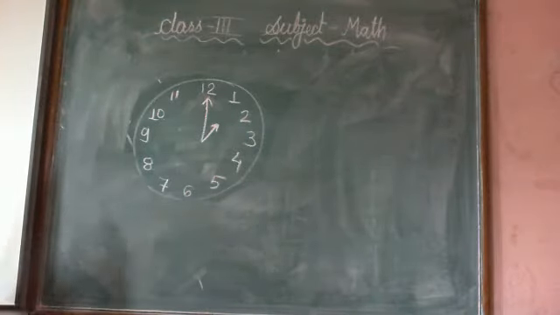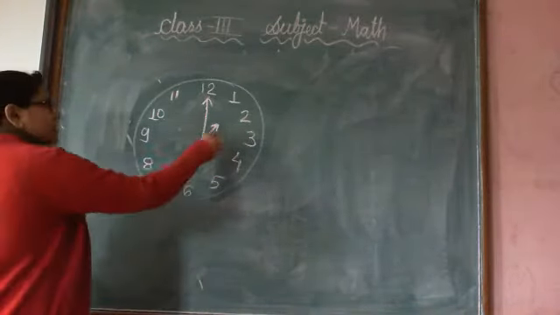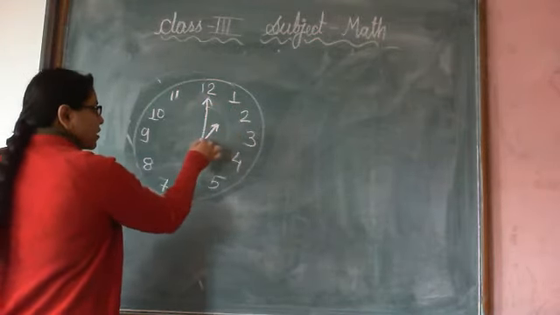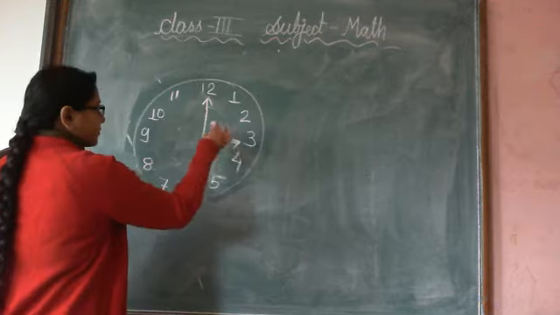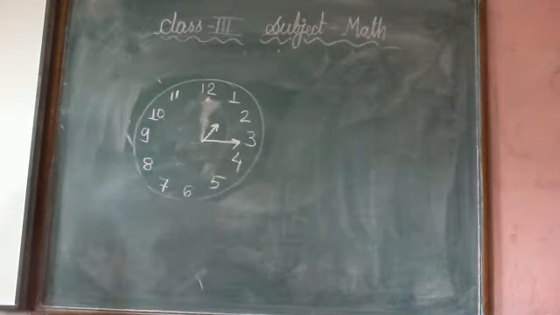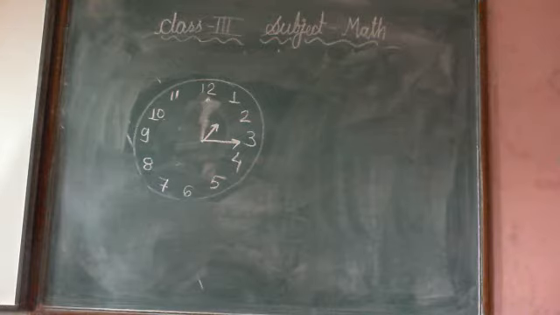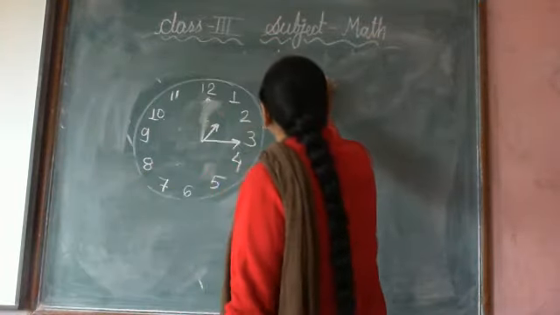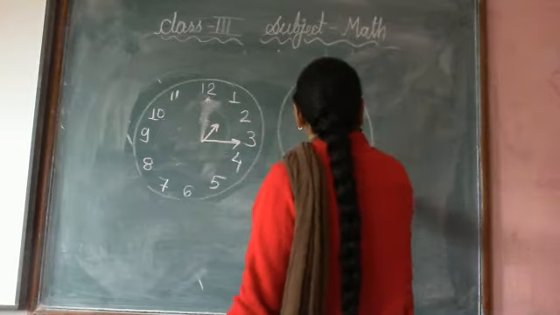Now, some time has passed and the minute hand is moving and has reached here. Now, are you able to read the time? See, the minute hand moved this much. This was the whole circle.